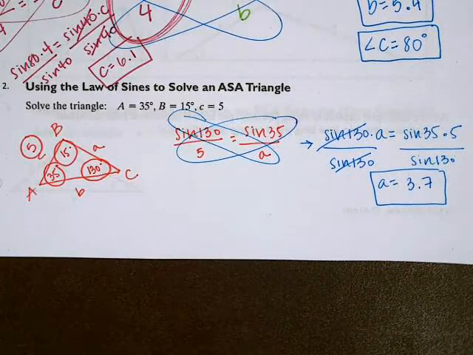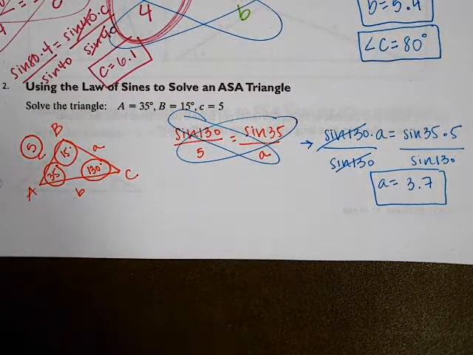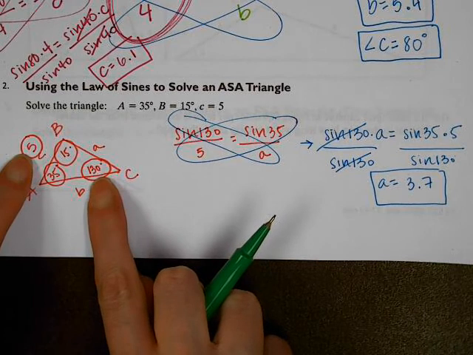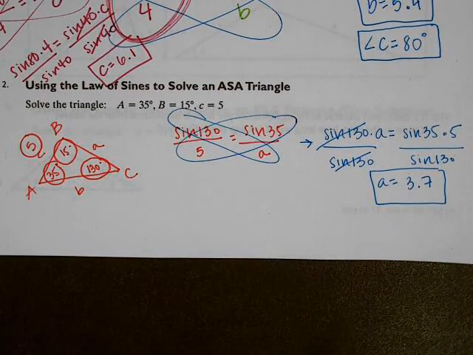And now we need to find side B. So we're going to set up another proportion. I'm going to stick with the C's, and then I'm going to do the B's.